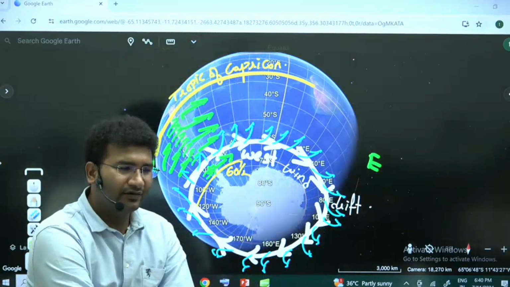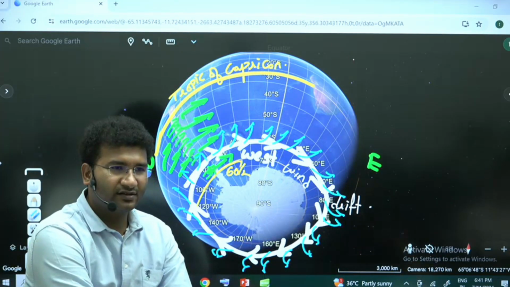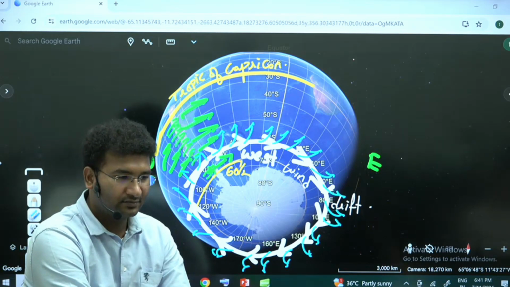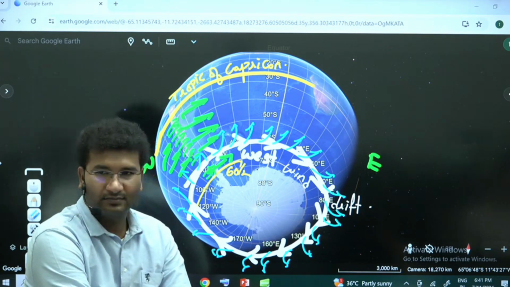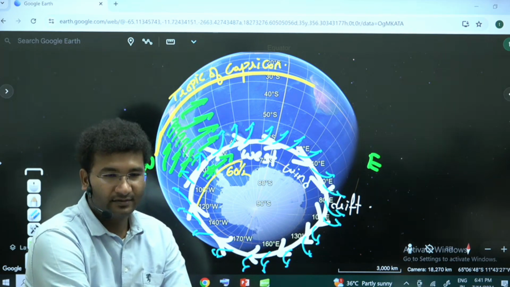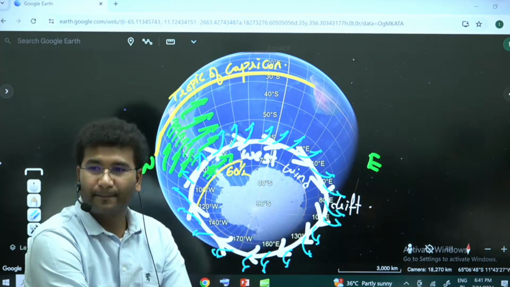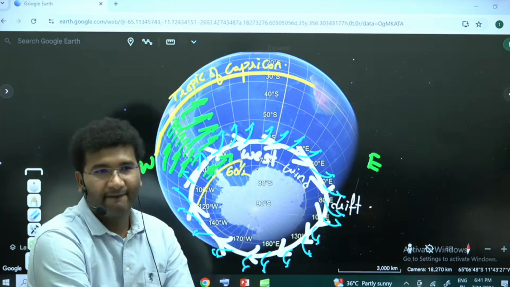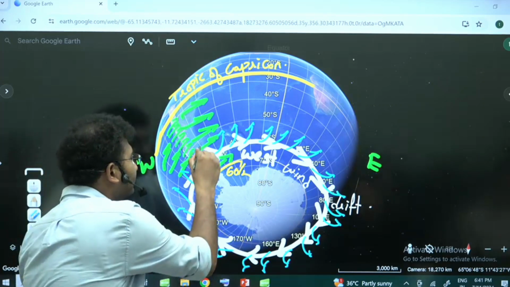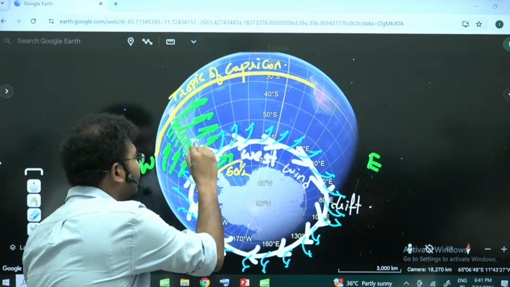Do you find the west wind drift current is a continuous current all across the southern part? कंटिन्यूस चल रहा है ना, मैप में दिया है, right? And now coming to the Falkland current. See here, this deflection has led to the formation of Falkland current.